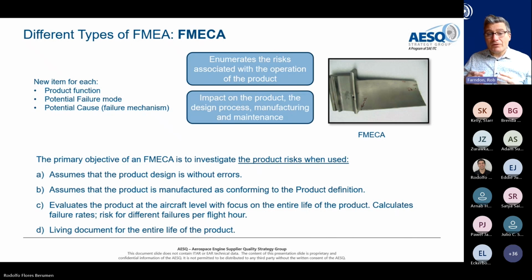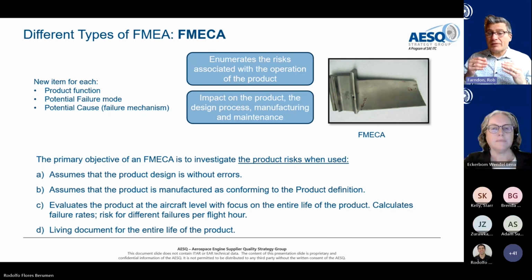We're looking for calculated rates of failure and identified levels of impact from that. And we're going to express these numbers on the basis of numbers of failures per flight hour or an equivalent.